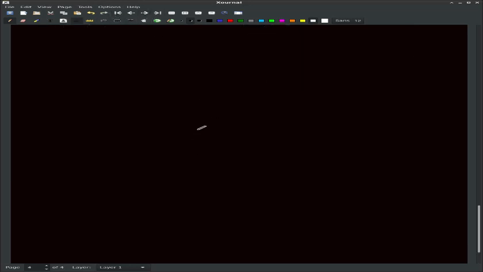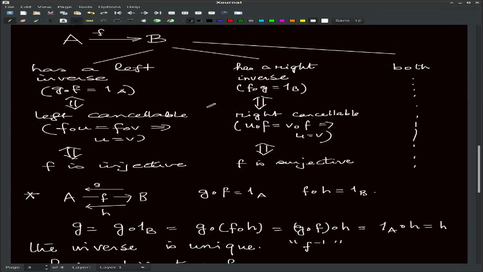So now we come to another part of the story. So why did I say this? The whole issue is that I want to show that any function can be expressed completely in terms of an injection and a surjection.